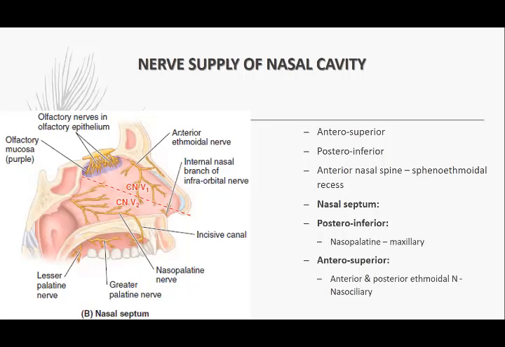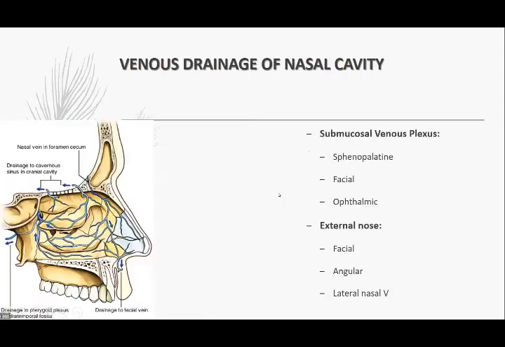Venous drainage, repeat it. Fine, I will do it. Venous drainage of the nose. Look at this. The venous drainage of the nose, the veins follow the arteries. So here there was the sphenopalatine, here the facial artery, and here the ophthalmic arteries, anterior and posterior ophthalmic.